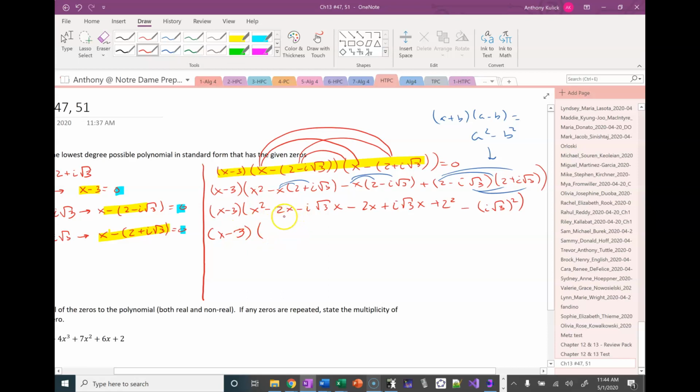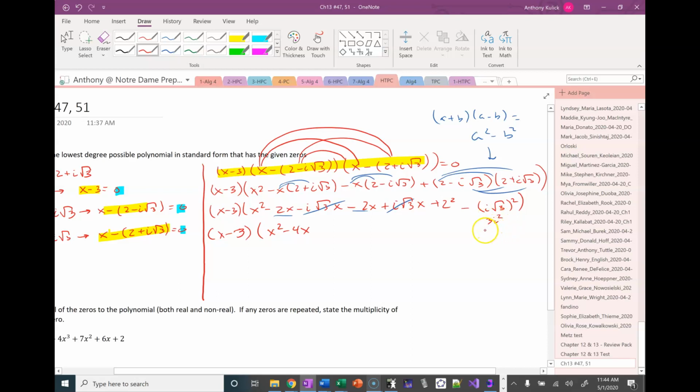And so if I combine things here, I notice that I have a negative i square root 3 x and a positive i square root 3 x, so those are going to cancel out. I can combine a negative 2x and another negative 2x to get negative 4x. I know 2 squared is 4, and I know that i square root 3 squared is going to be 3 i squared.